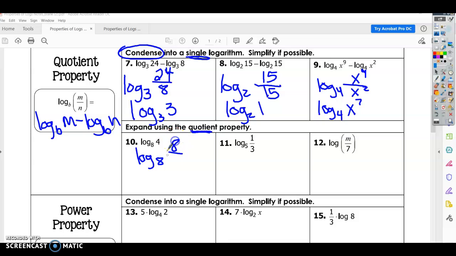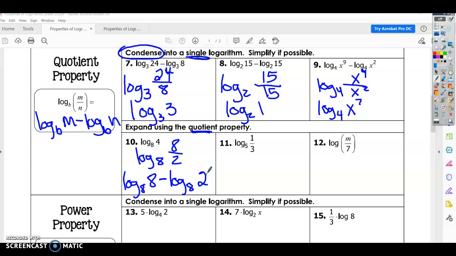So I'm going to say 8 divided by 2. That's the most obvious in my mind anyways. Again, answers may vary. Anything that divides and gives you 4, that'll work. And then log base 8 of 8 on top first, and then log base 8 of 2.